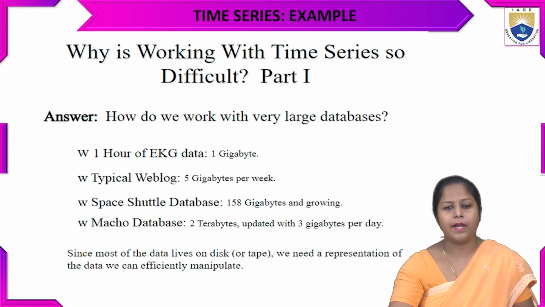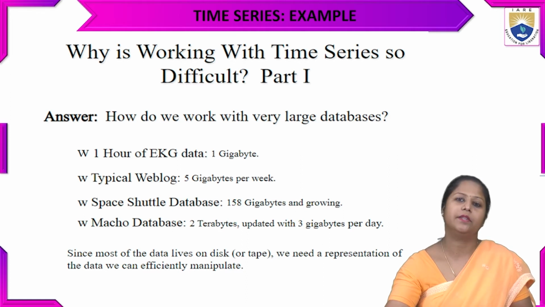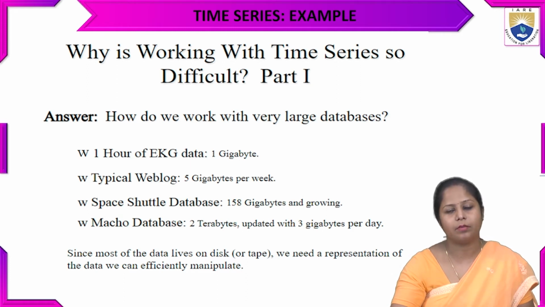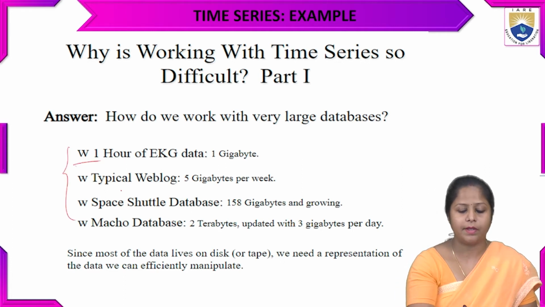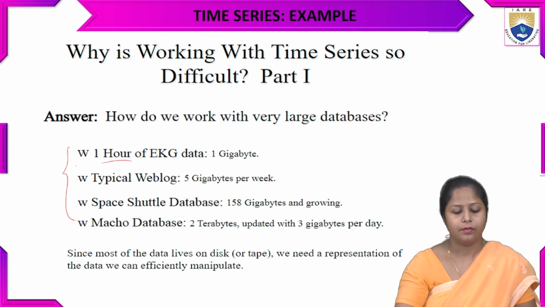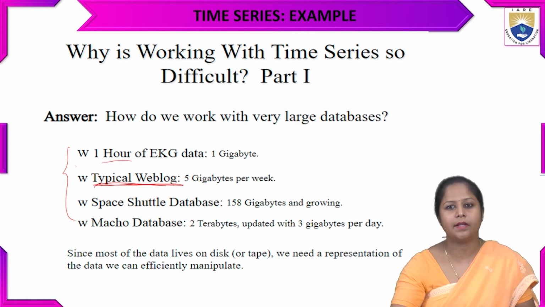Why is working with time series so difficult? How do we work with very large databases? For example, in week 1, EKG data is 1 gigabyte. A typical weblog generates about 5 gigabytes per week.